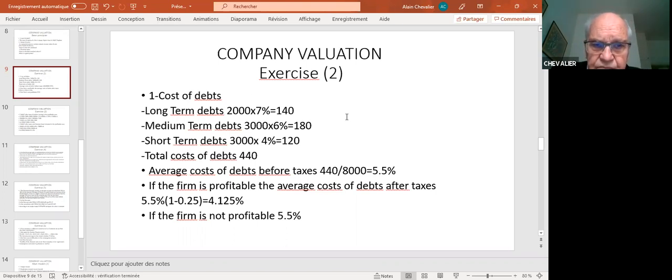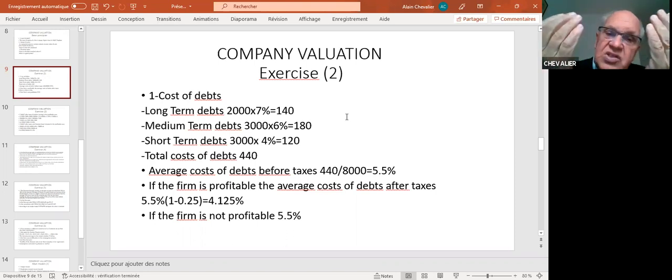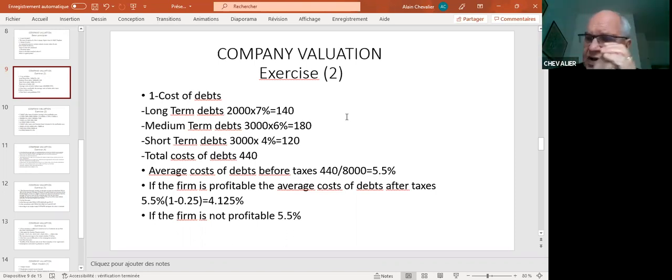Now, you should remember we have to take into account, and I already said a few words on that, whether the firm is profitable or not profitable. And of course, the cost of the debt will be different. And you understood in the preceding course that interest is a kind of incentive for CFOs to finance by debt when they are profitable, and particularly if the tax rate is high.